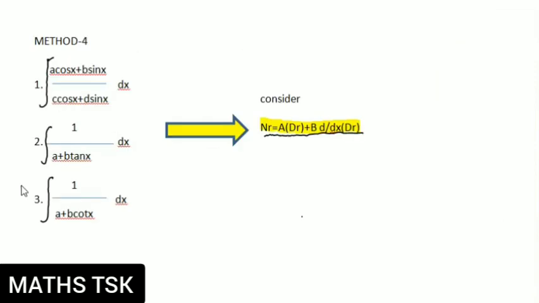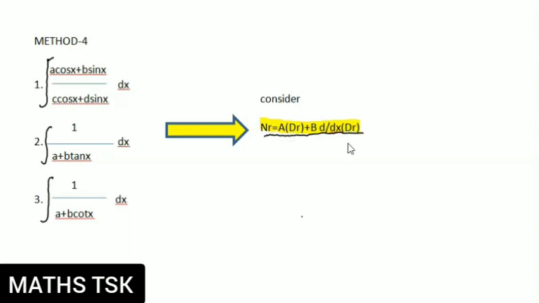Method number 4. Here it will be of the form integration of (a cos x plus b sin x) by (c cos x plus d sin x). Correct? Also 1 by a plus b tan x, 1 by a plus b cot x. If it is given like this, we have to consider numerator is equal to a into denominator plus b into d by dx of denominator.